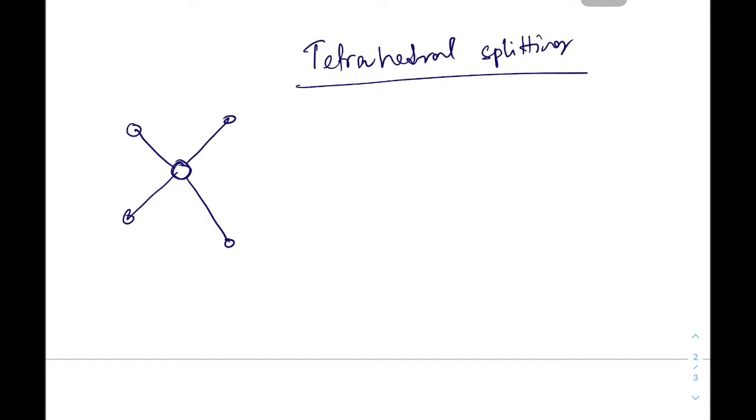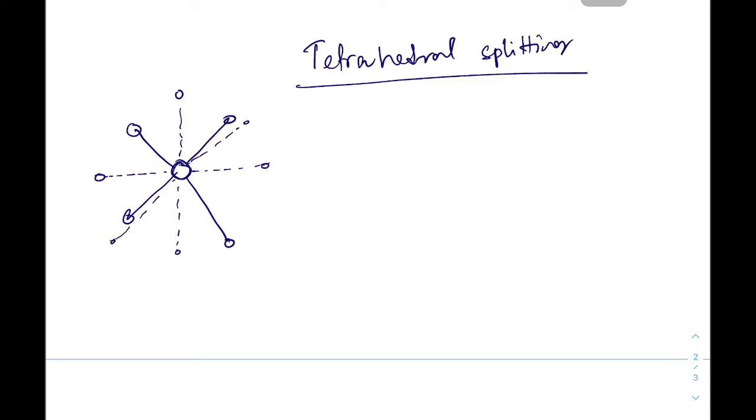For this metal, the orbitals that belong to the axis are these, they belong to the orbitals of this metal. For x direction is there and for z direction is there.